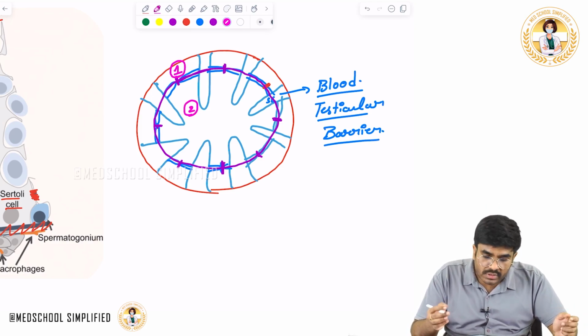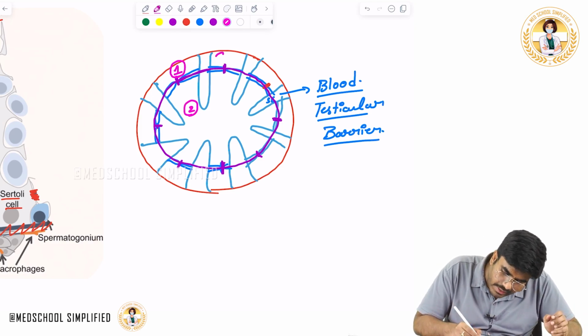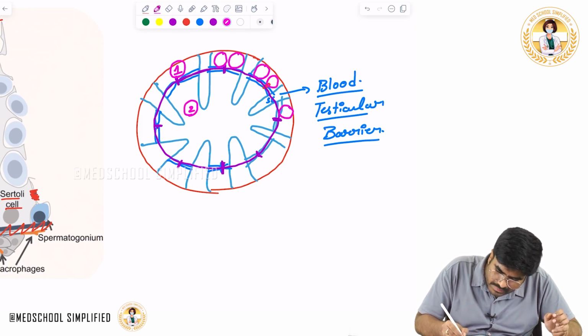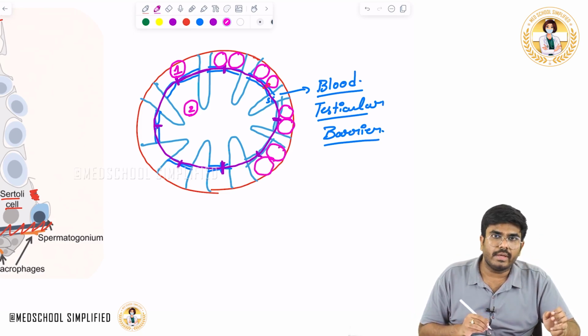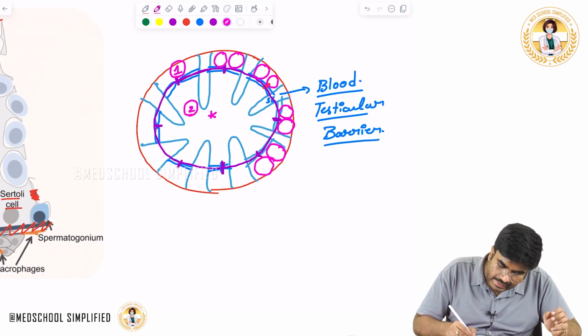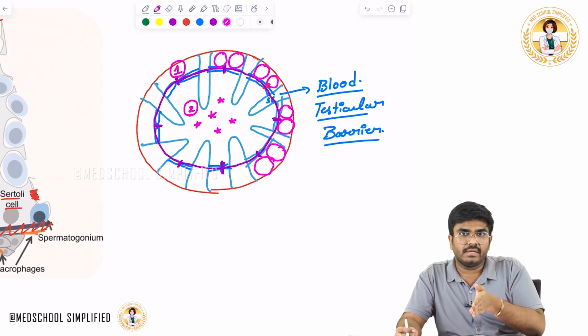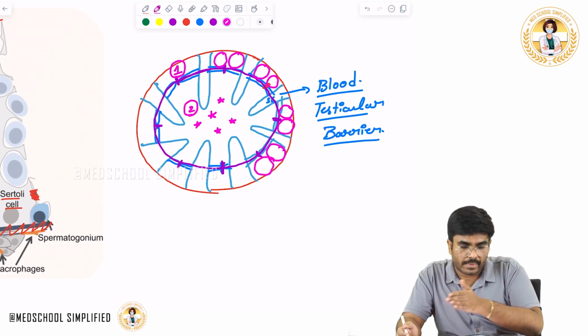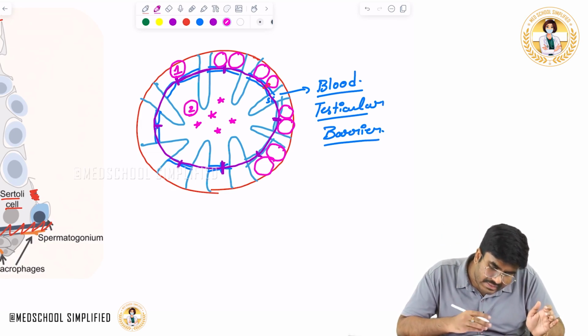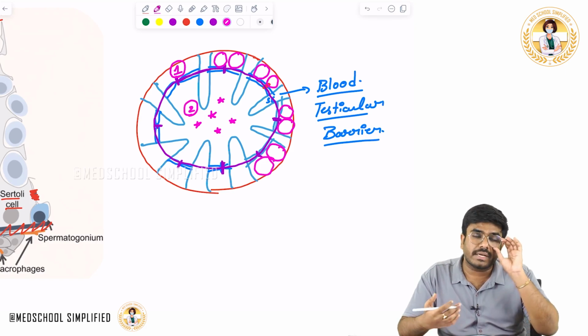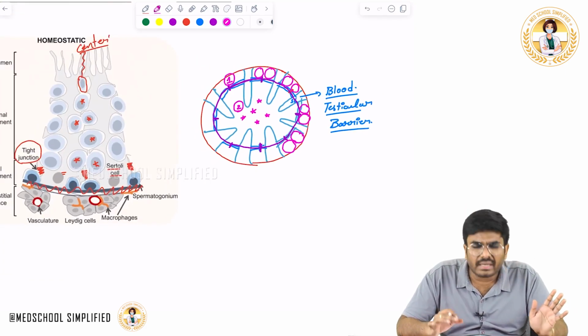The outside compartment is where the primitive spermatogonia will be present. The central area is the place where the sperms get differentiated: spermatogonia into spermatocyte, spermatocyte to spermatid, spermatid to spermatozoa. So this second compartment is where the sperms actually mature.